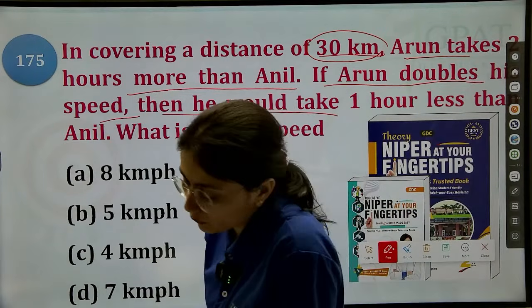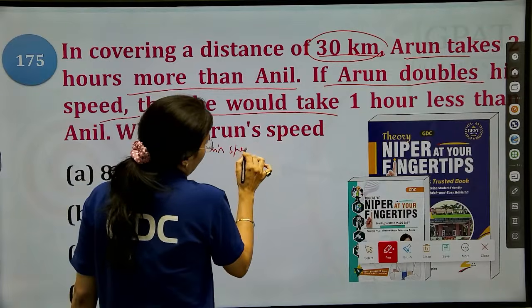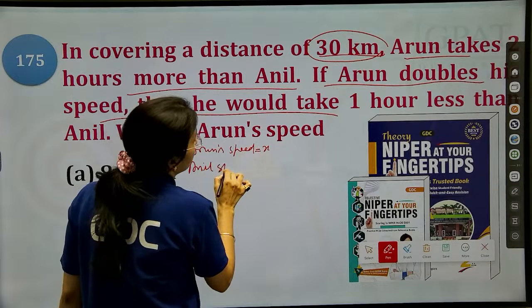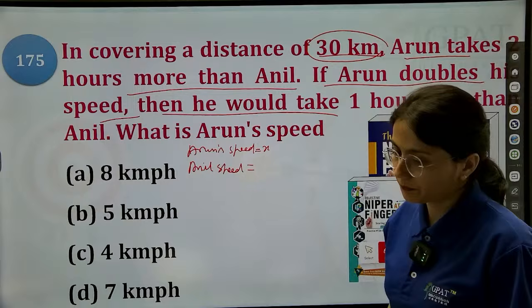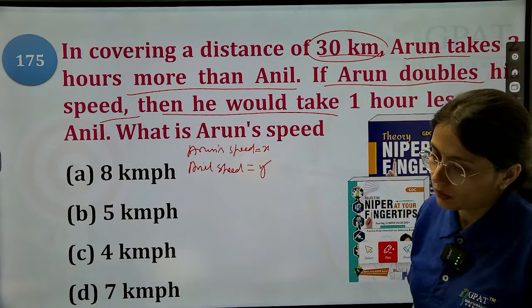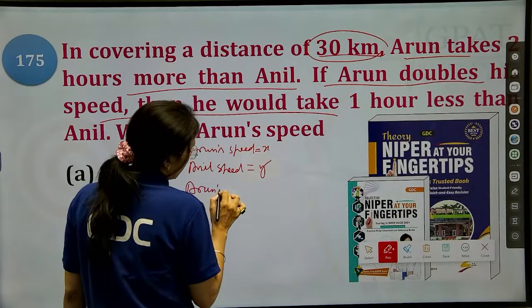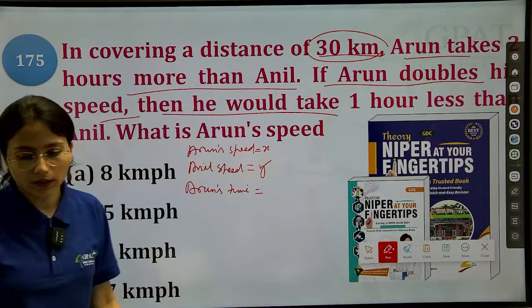Let Arun's speed be x, and Anil's speed be y. Arun's time is how much, that is 30 by x.